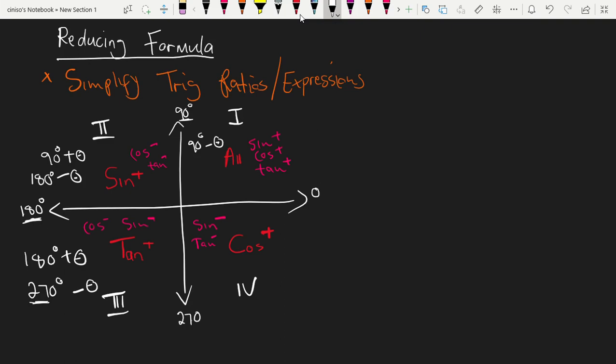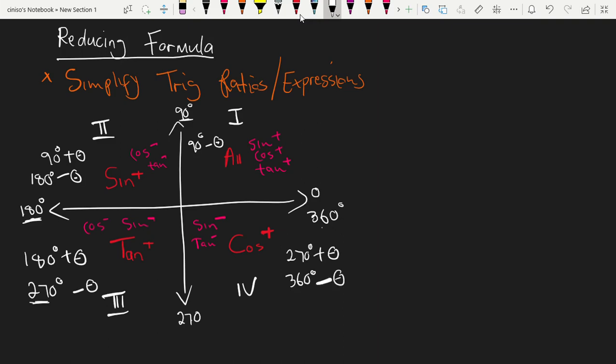And then we go to our fourth quadrant, which is 270 and 360. So it means that any angle that is 270 degrees plus theta will lie in the fourth quadrant, or 360 degrees minus theta.